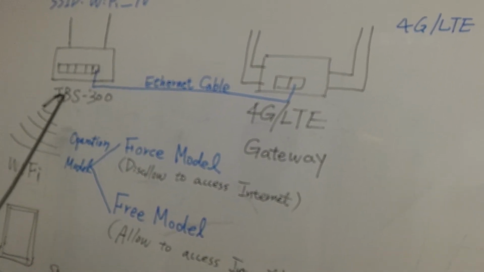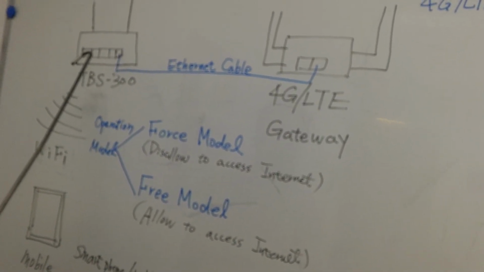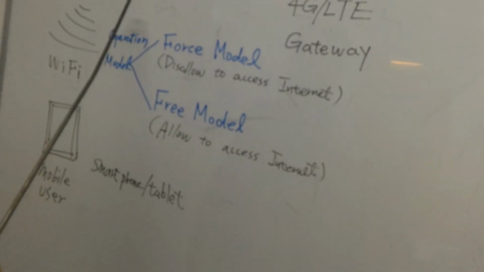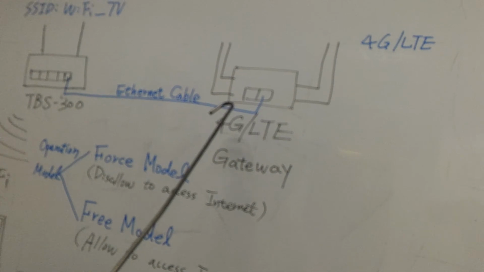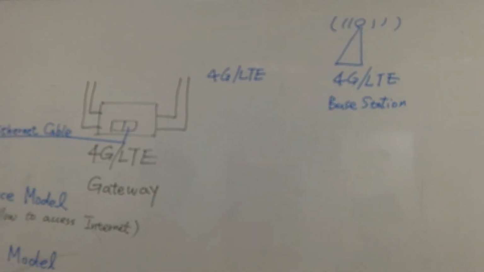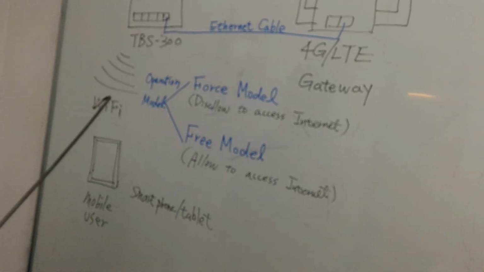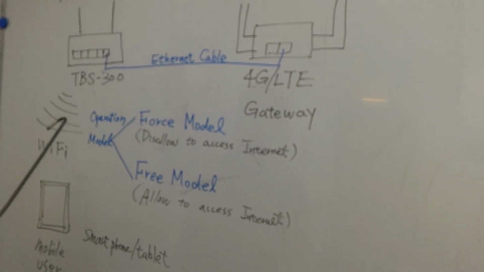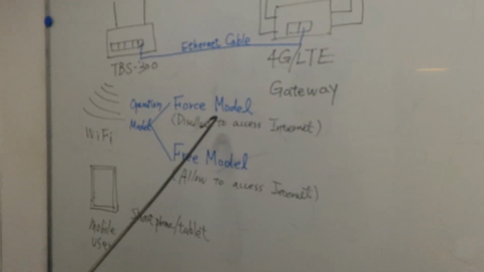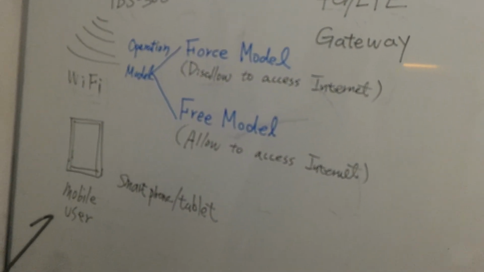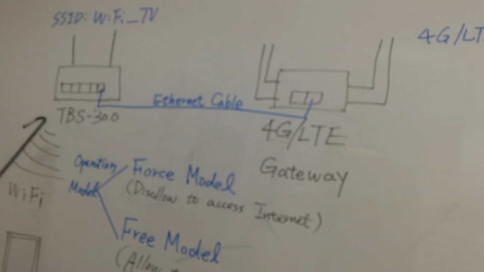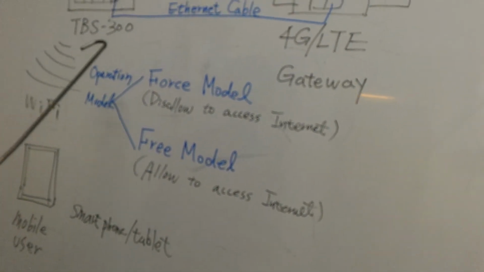Once the mobile user clicks the free internet icon, the device can access the 4G LTE gateway and the internet. Suppose the TBS-300 is configured to force model, which means the mobile user can only access the content of TBS-300 and is disallowed to access the internet.